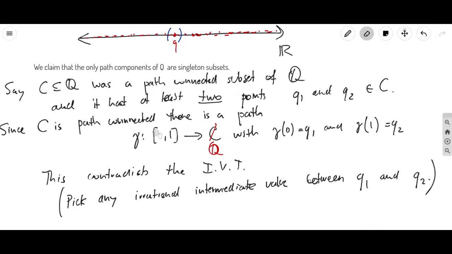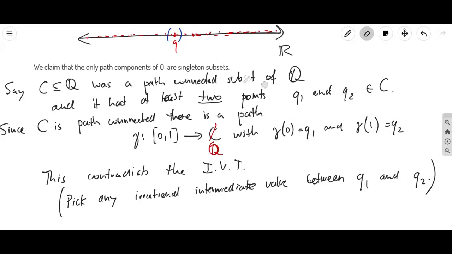By the intermediate value theorem, this is a continuous function, and if you pick something between Q1 and Q2, there has to exist some moment in time between 0 and 1 that will take on that intermediate value. But the problem is, gamma is a path which only gives you rational numbers. It never realizes any irrational value. And that contradicts the intermediate value theorem. So that's not possible. So a path connected subset cannot contain 2 points.